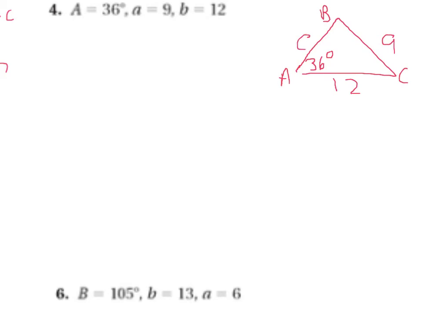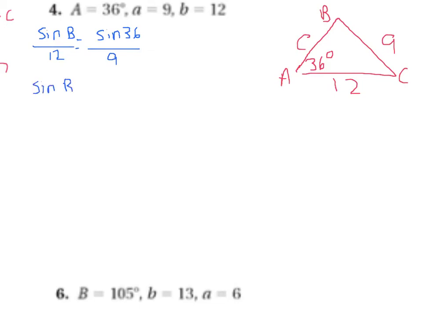So the sine of B divided by 12 equals the sine of 36 divided by 9. Okay? So multiply by 12.